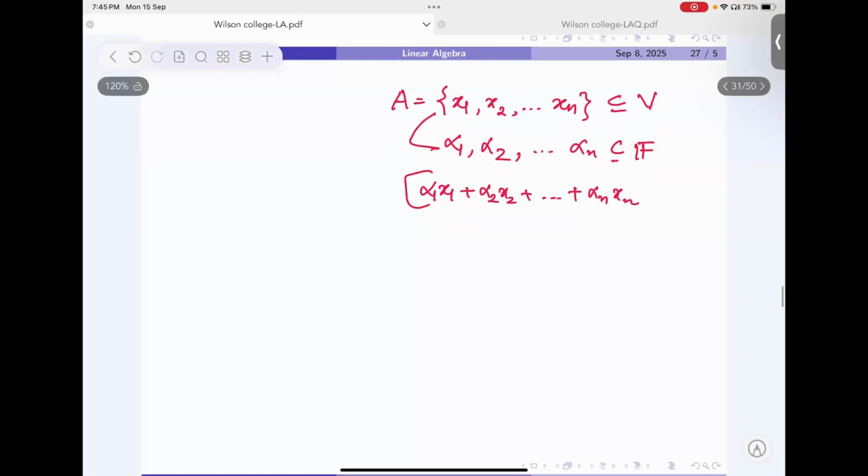This is called a linear combination of the given vectors with respect to the given scalars.